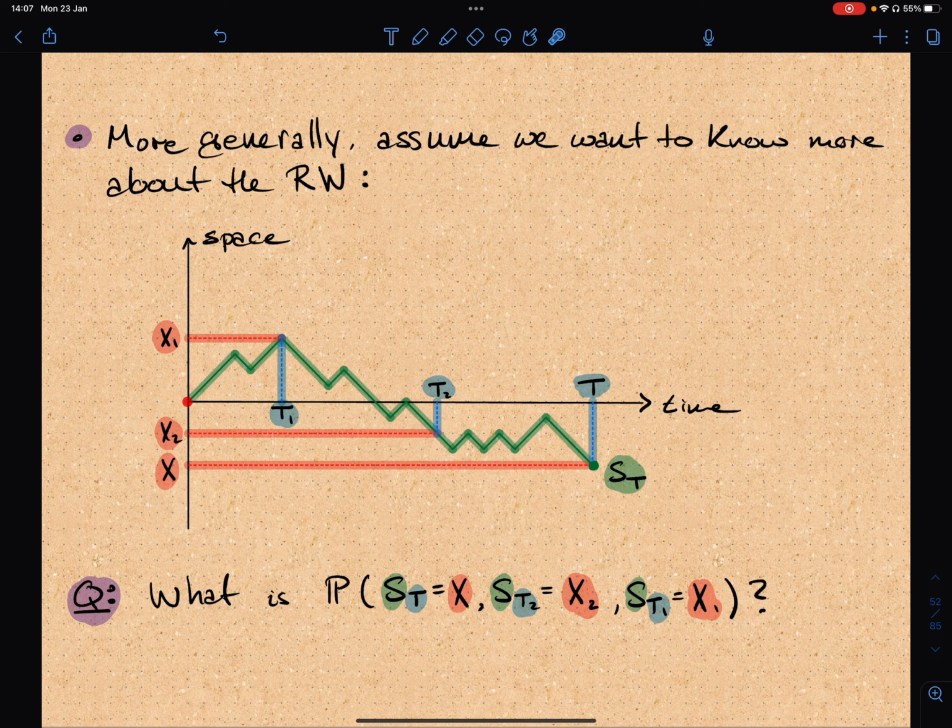We could have had another sample where it went through here, and then through here, and then up to here. We're not really going to find all the trajectories, but in theory, to compute the probability we need to find all the trajectories that go through these 3 points and sum all the probability weights.